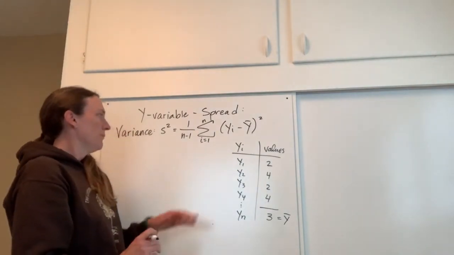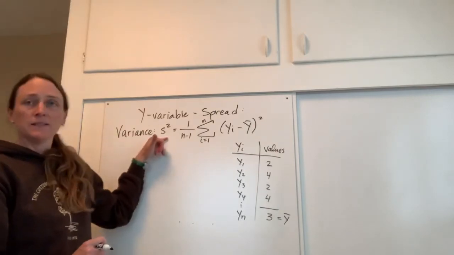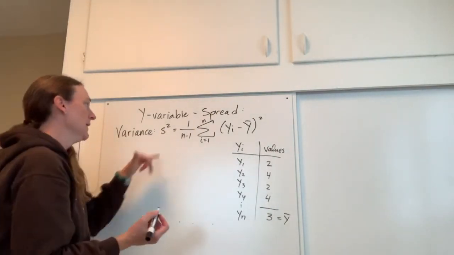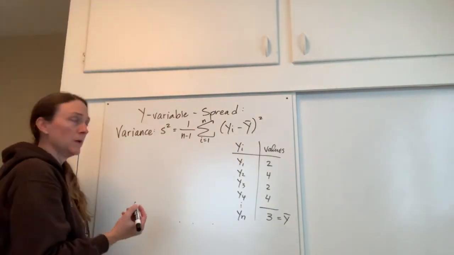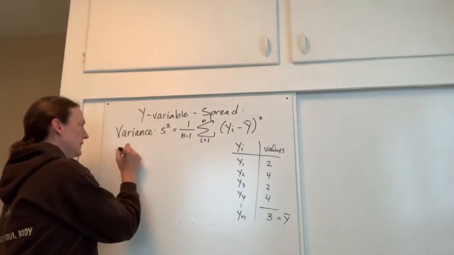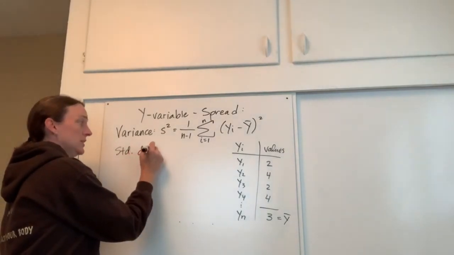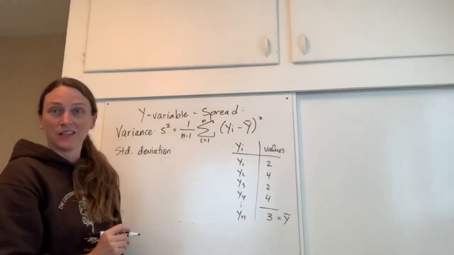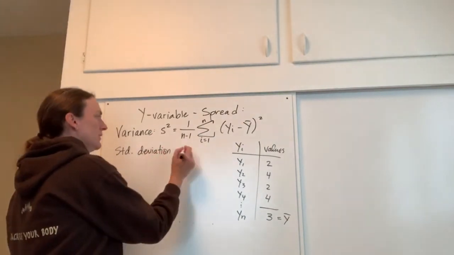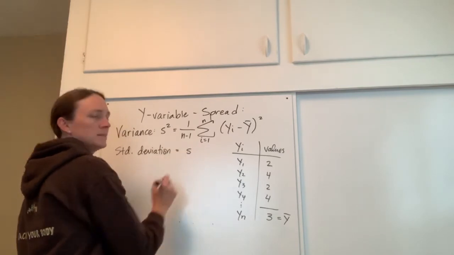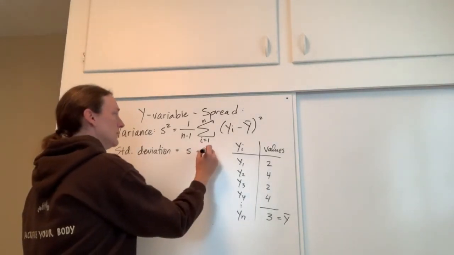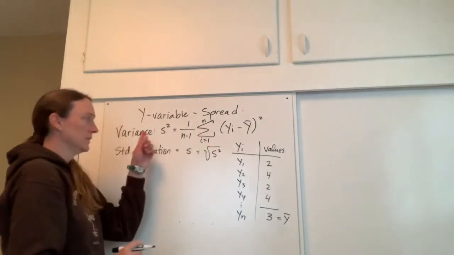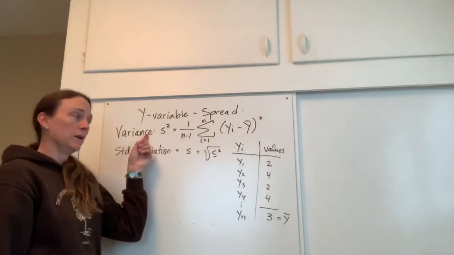And so this would be the sample variance, S squared. What's cool is that once we know S squared, we can calculate the standard deviation. The standard deviation equals S, which is just the square root of the variance term, S squared.